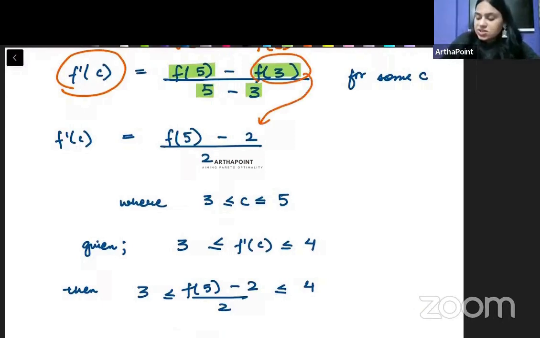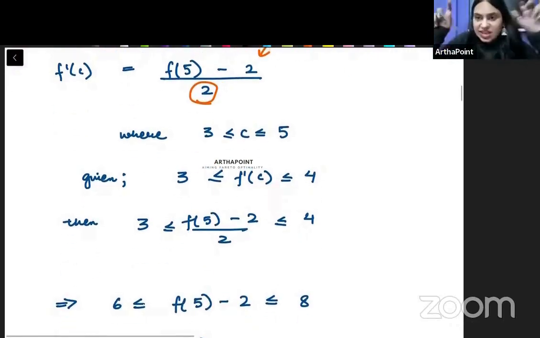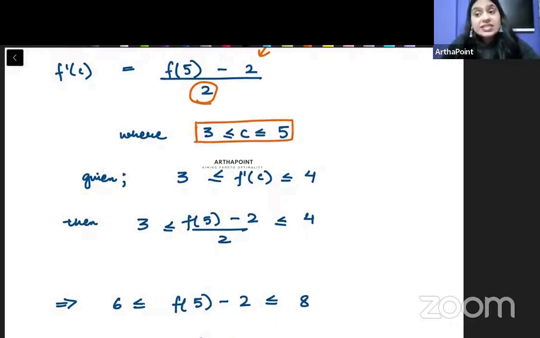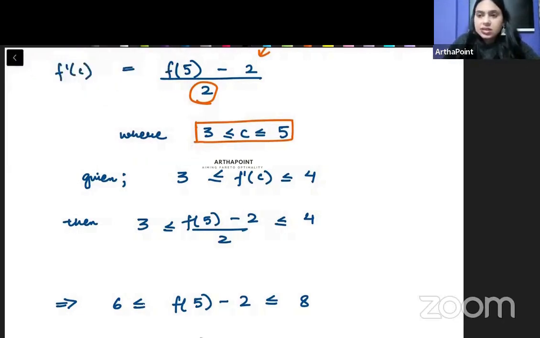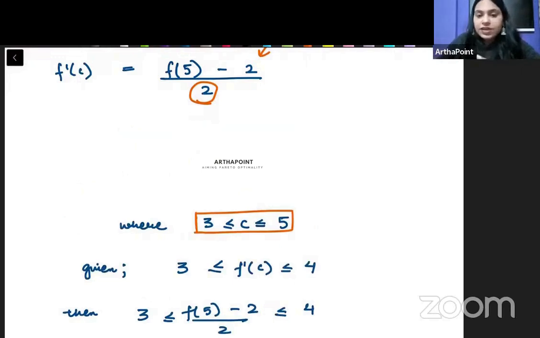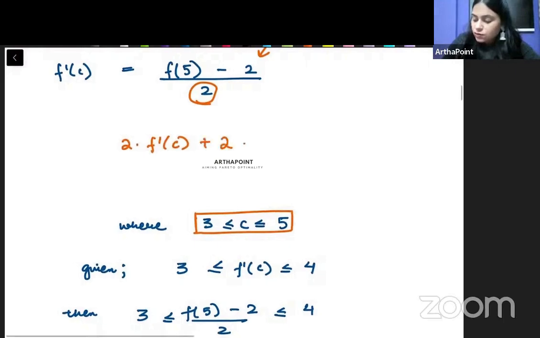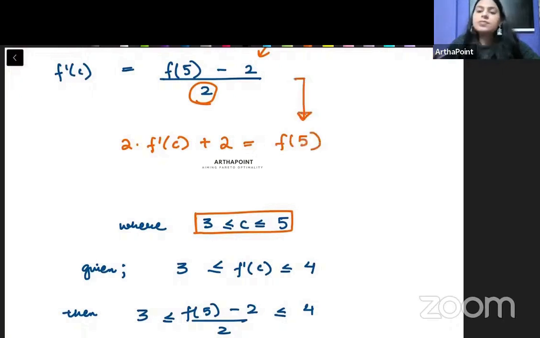And नीचे, this is just 5 minus 3, this is 2. Right? So therefore, this C that exists between 3 to 5 follows this property. बेटा बड़ी ही सिंपल बात है. अगर मैं ध्यान से देखूं और मैं इससे f of 5 निकालने की कोशिश करूं, I will get 2f dash c plus 2 will be f of 5. ये f of 5 की वैल्यू आ जाएगी.